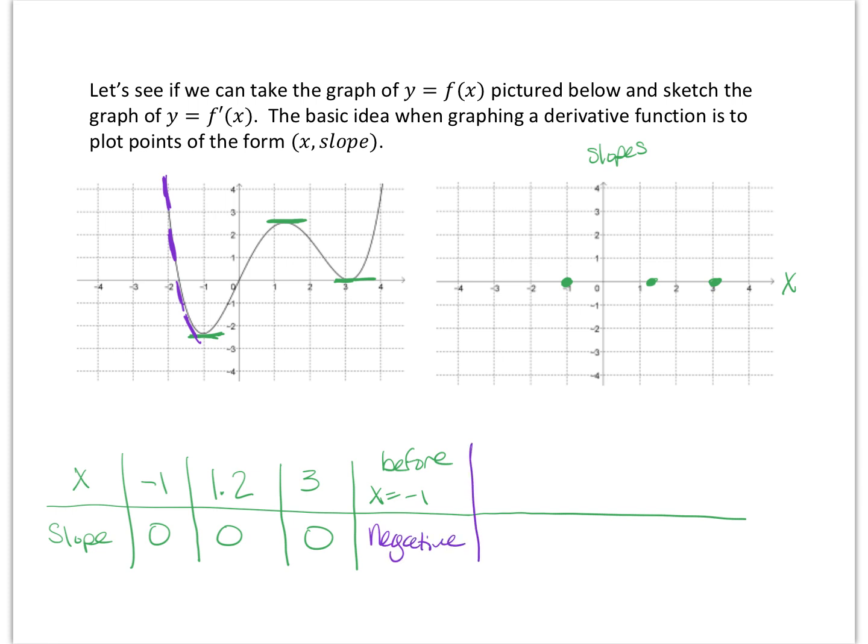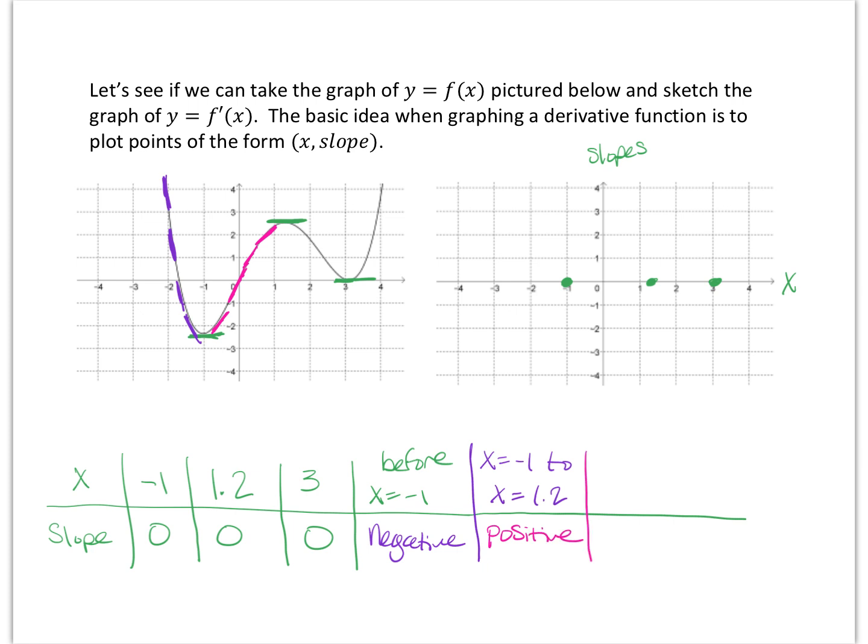And then from x equals -1 to x equals 1.2. Okay, so all in between the next 2 zeros, I have positive slopes. Okay, and they start out getting steeper and steeper. And then at some point, they start becoming less steep and going back to zero, but they are all positive.